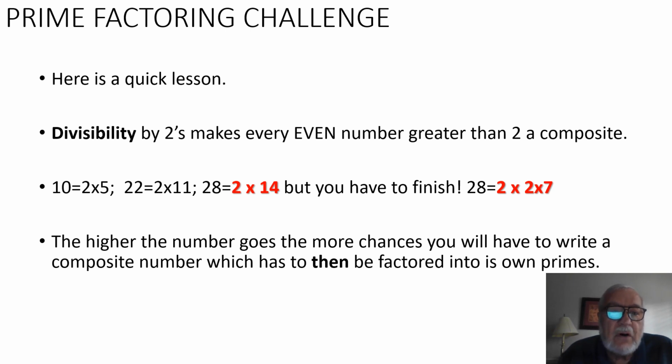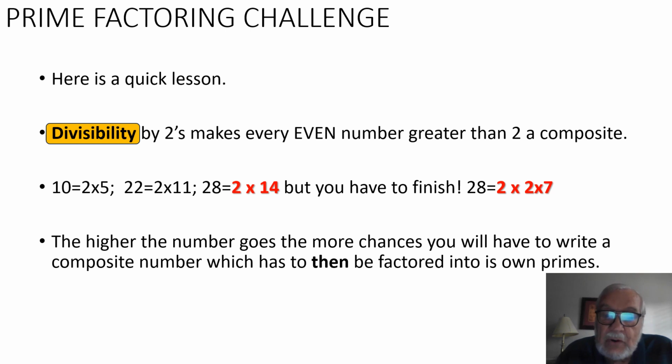Okay, so let's talk about a quick lesson about prime factoring. Divisibility by 2's makes every even number greater than 2 a composite number, and that hopefully makes sense. So 10 is 2 times 5, 22 is 2 times 11, and 28 is 2 times 14 if you divide 2 into the 28, but you have to finish for prime factoring, so 28 is 2 times 2 times 7.